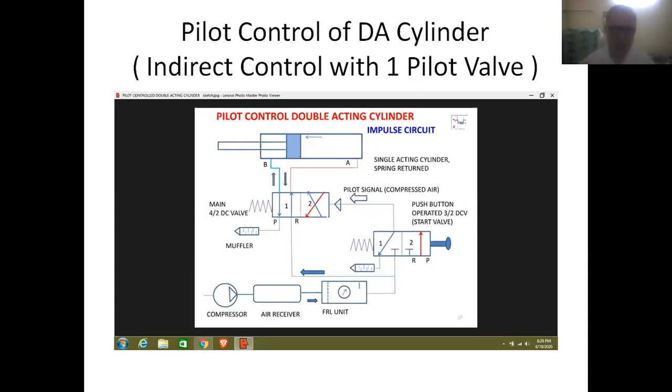So coming to the construction of this arrangement, 3 ports are made inside the body of the pilot valve. Therefore, it is referred to as a 3-way pilot valve, and a push button is used for operating the element of the valve, that is plunger.